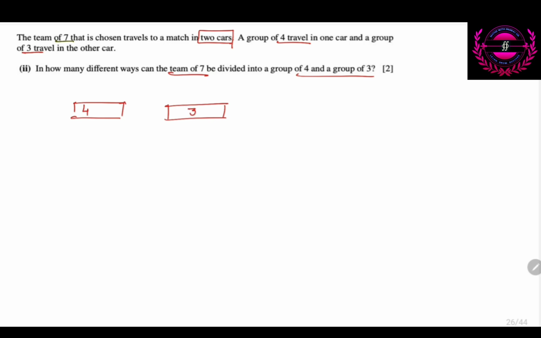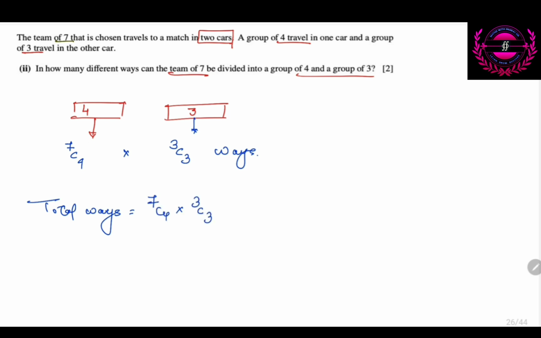So I can select 4 people out of 7 in 7C4 ways. I can select 3 people out of the remaining 3 people in 3C3 ways. So therefore the total number of ways is 7C4 into 3C3.